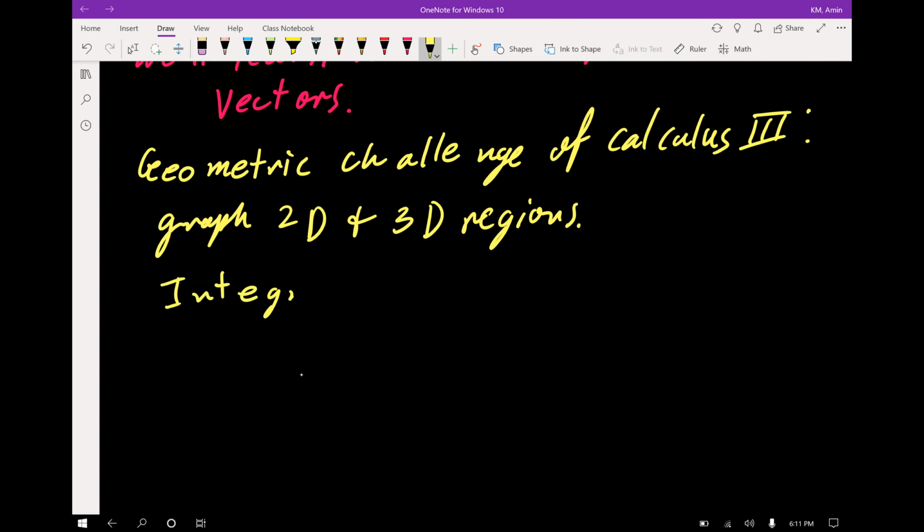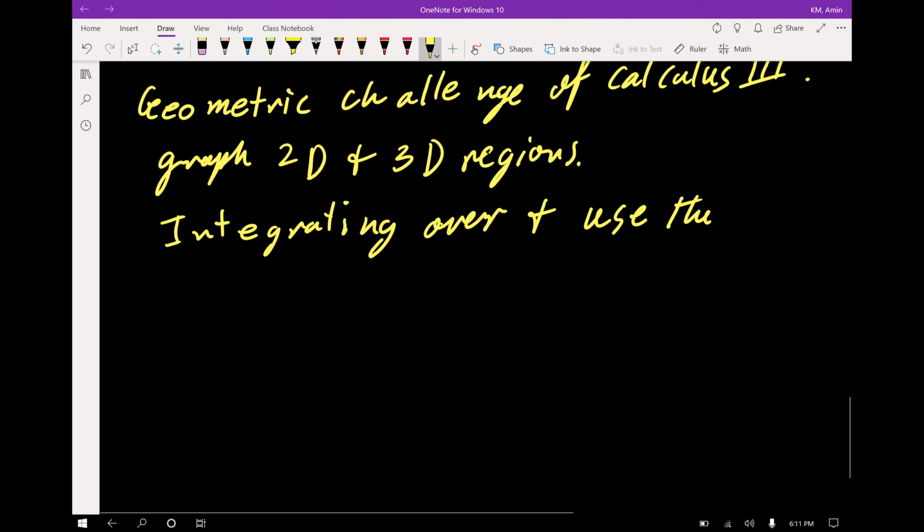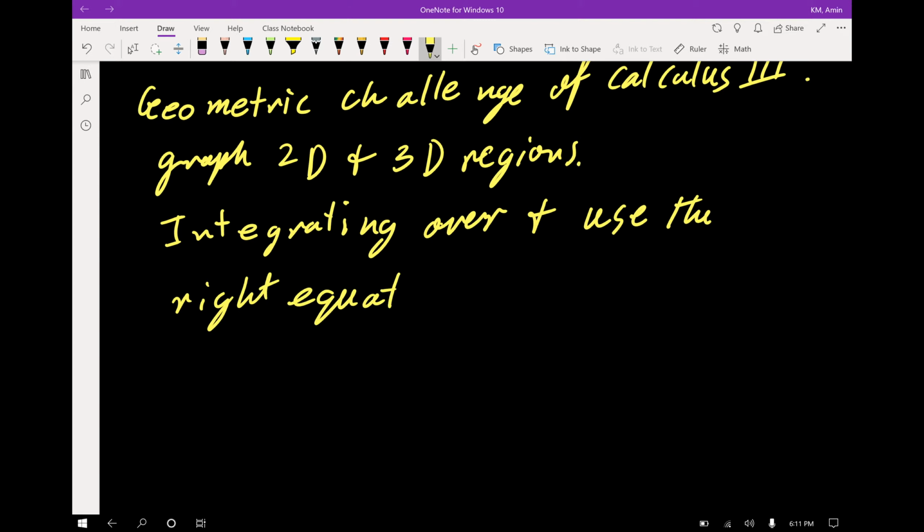Integrating over them and using the right equation. That's the hardest part, knowing how to use the right equation.